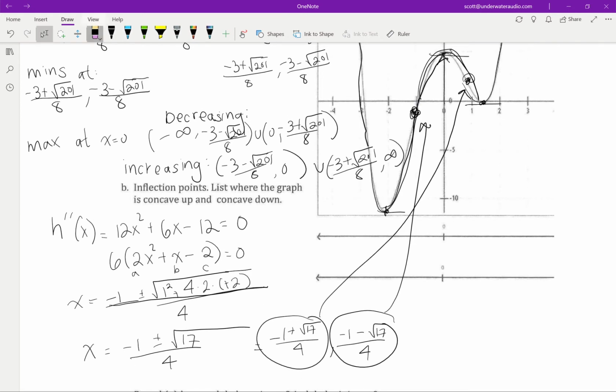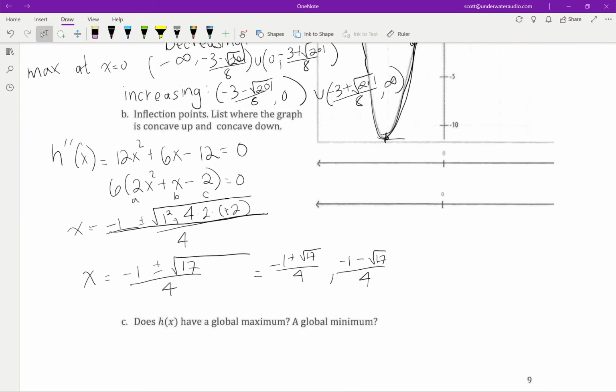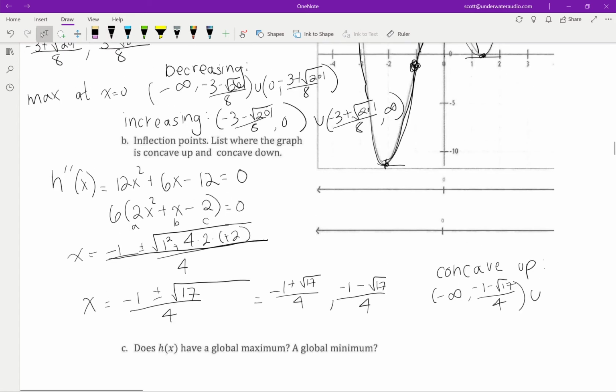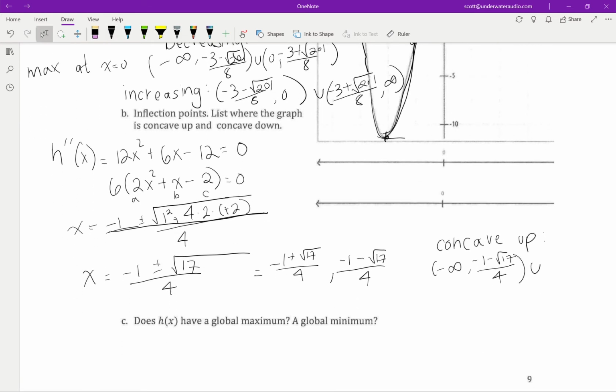So from that, I can write my intervals. Okay, so concave up. So the first interval is concave up, negative infinity to the more negative number. And then the next one, so we skip the middle part, and then that would be -1 plus the square root of 17 over 4 to infinity.